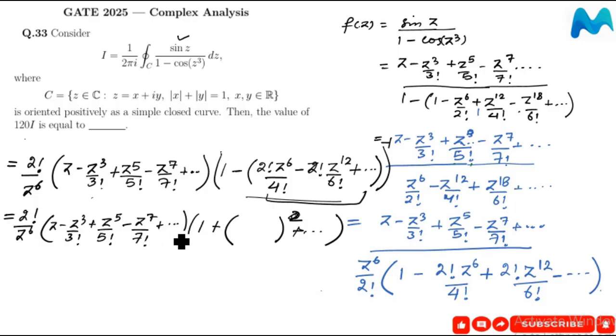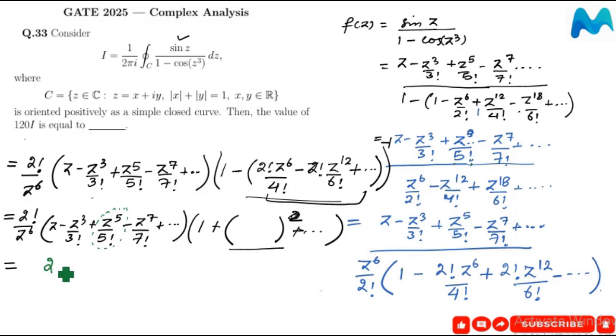So I am cutting this calculation here, to reach the main conclusion. Here z raised to the power 5 over 5 factorial is the only way to get the coefficient of 1 by z.